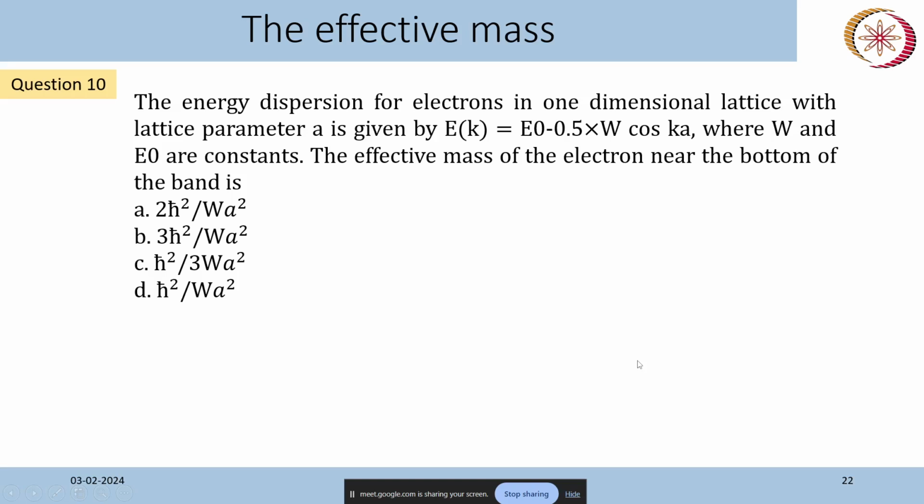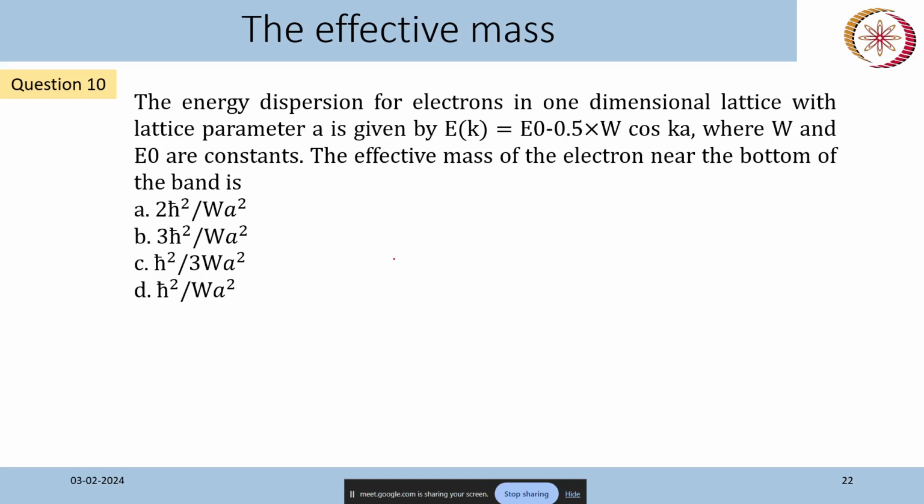Now, from the expression, the effective mass will be h cut square divided by d2E over dk square. Is it the correct expression? Yes, that is the expression.